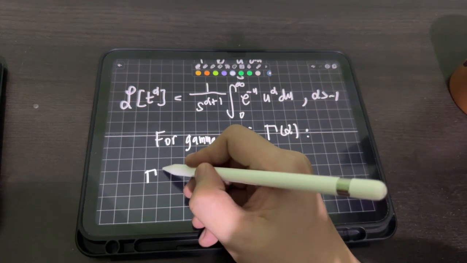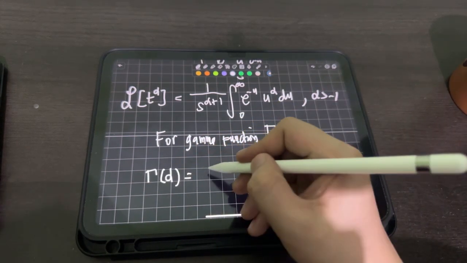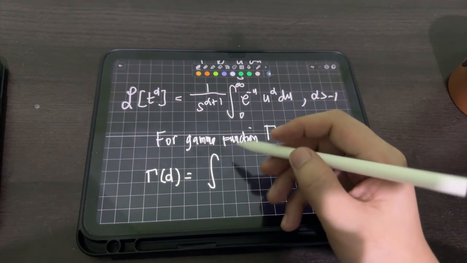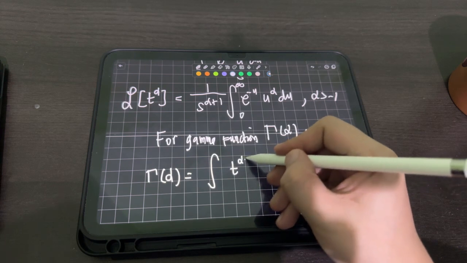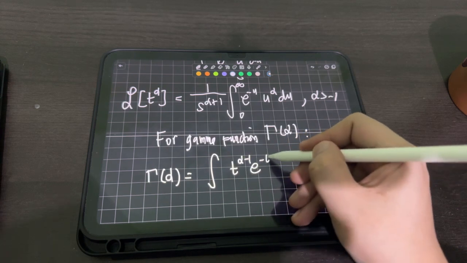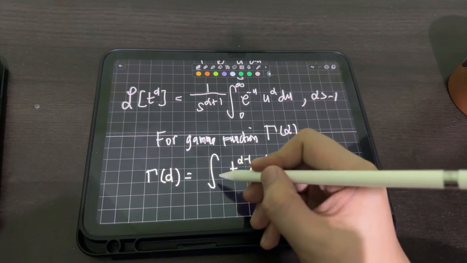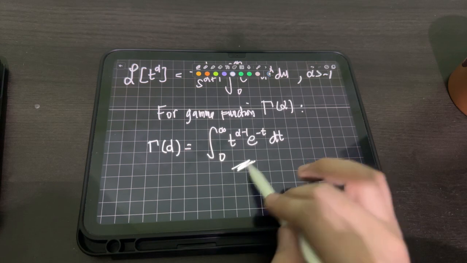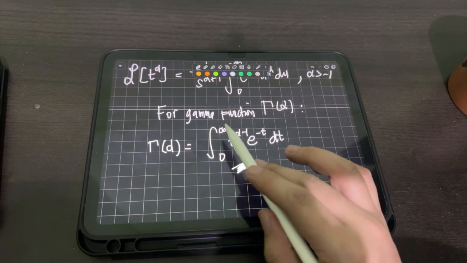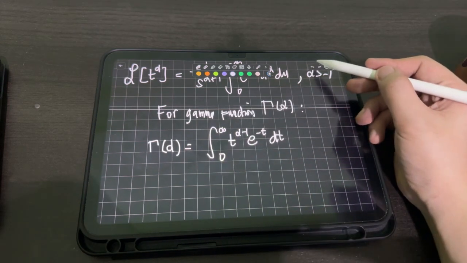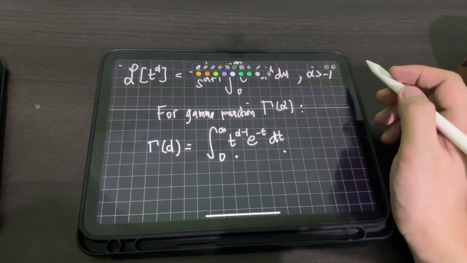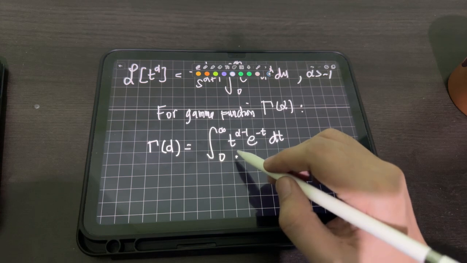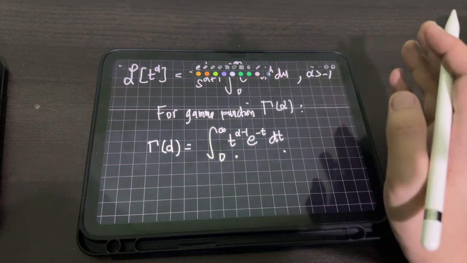The definition of the gamma function of alpha is another improper integral: the integral of t to the alpha minus 1 e to the negative t dt from 0 to infinity. So this is another improper integral, right? Because there is an upper limit of infinity. Where t here is a dummy variable, meaning you can assign other variables than t. You can assign u, you can assign w, etc.